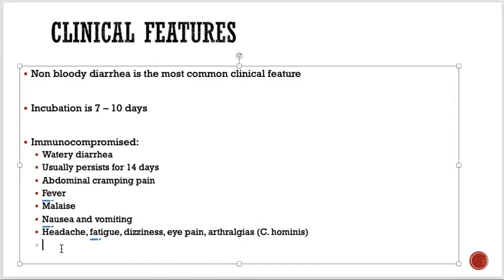So mostly this is the organism which gives extra intestinal features. And when someone is infected with Cryptosporidium, guys, remember that they do develop some immunity, and the infection in an already infected, seropositive person gives fewer symptoms.